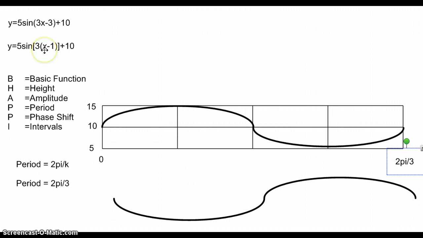that follows the general equation for a sinusoidal function, which I will write in here. Y equals a sine k bracket x minus d plus c.